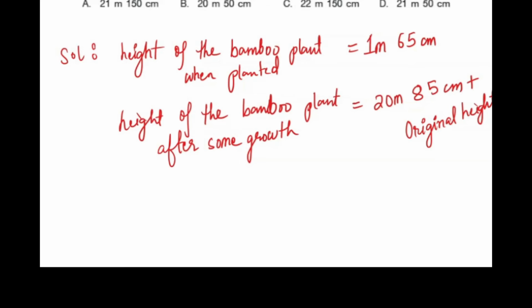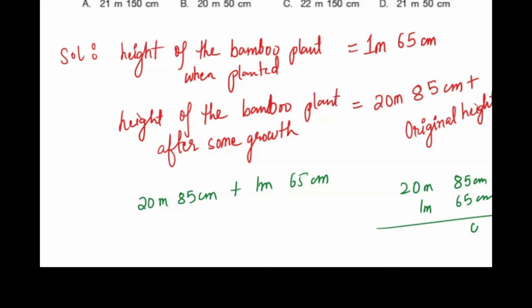So now the new height will be 20 meter 85 centimeter plus 1 meter 65 centimeter. So let's add 20 meter 85 centimeter, 65 centimeter and 1 meter. Let's add them up. 5 plus 5 is 10, 8 plus 6 is 14, plus 1 15, 150 centimeter and 21 meter. We can convert it as 22 meters and 50 centimeters.